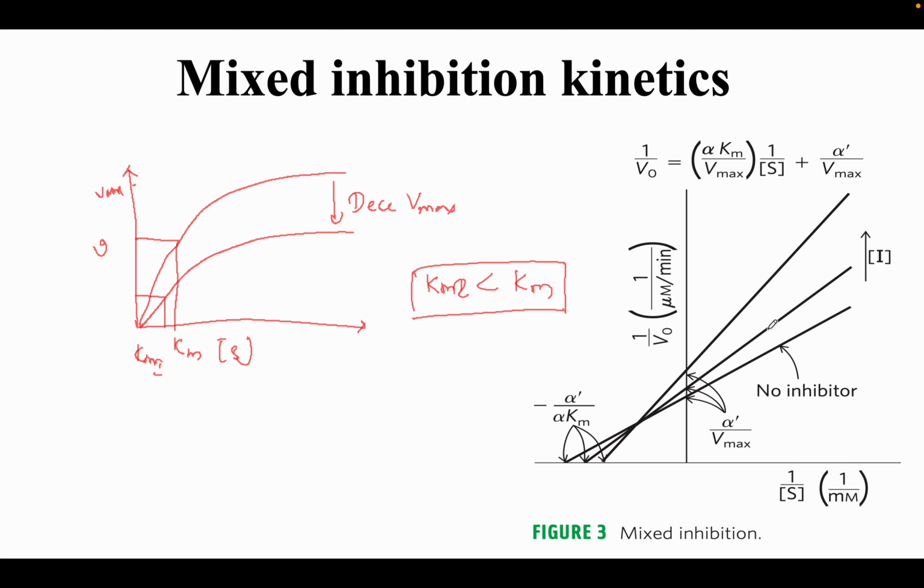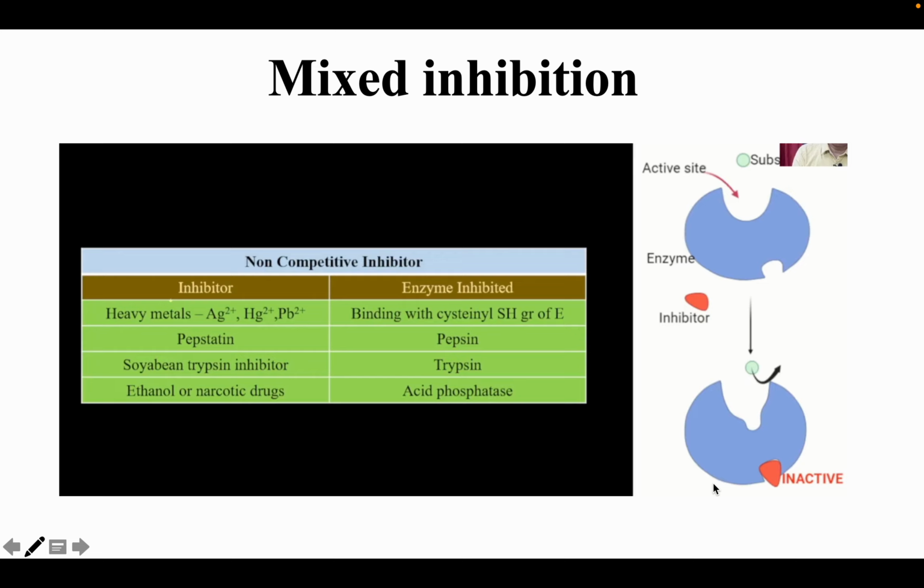This is no inhibitor, and if we increase the concentration of inhibitor, as you can see the 1 upon Vmax is increasing, but it is in the denominator, so the value of Vmax will decrease. Similarly, Km will also decrease.